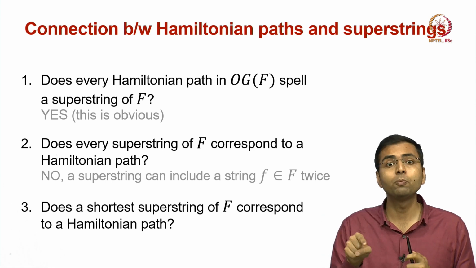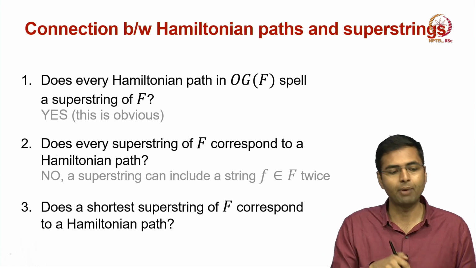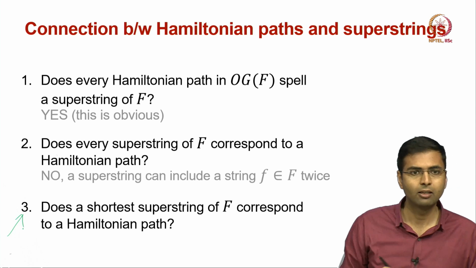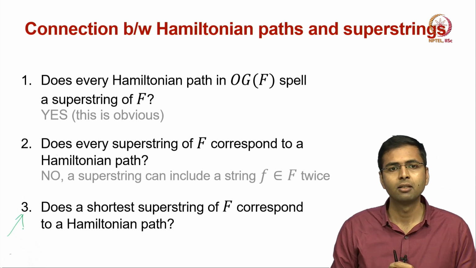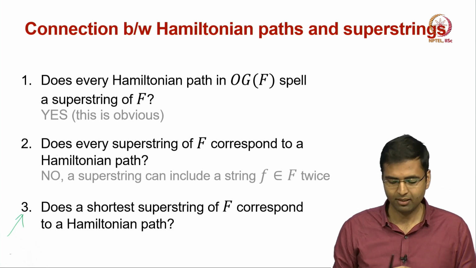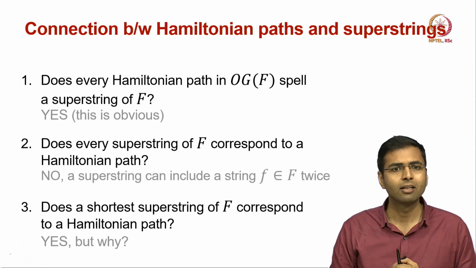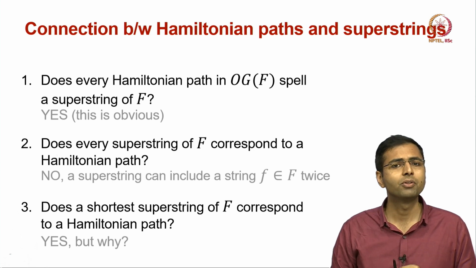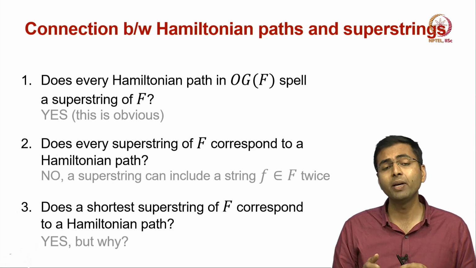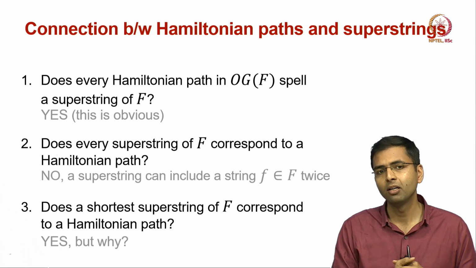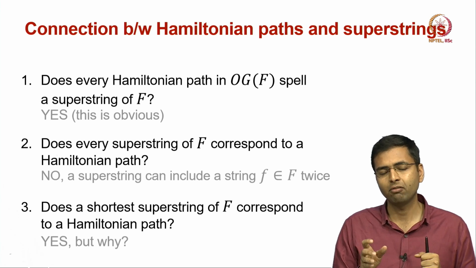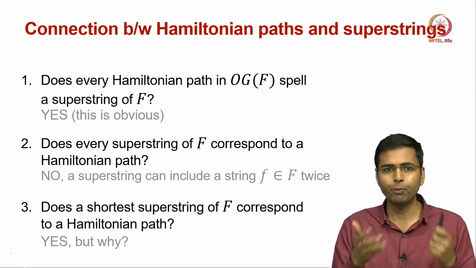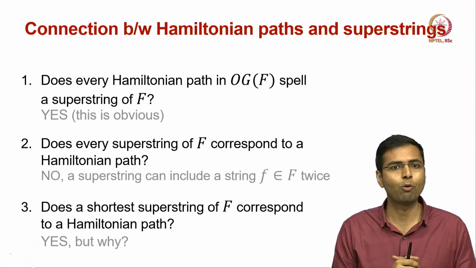Does a shortest superstring of F correspond to a Hamiltonian path? Well, yes, but why? If you think intuitively, you may see that it should be true, but for this question we have to provide a proper proof, because this is not an obvious property.